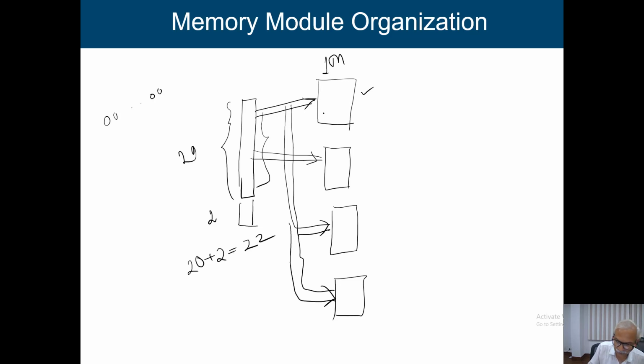Then we are selecting the 0th word of each of these 4 memory chips. That means we are selecting the 0th location of all 4 memory chips, but we are going to work with one particular memory chip only.